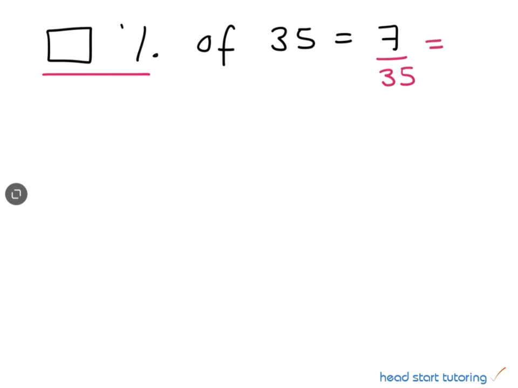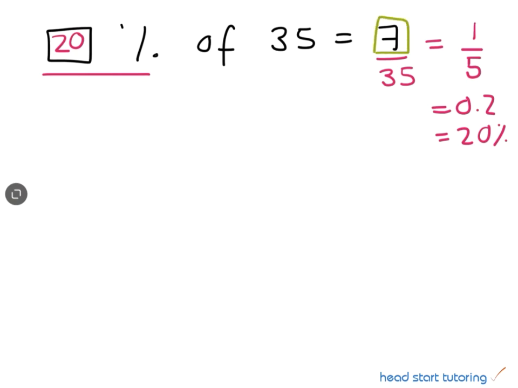So we can divide both 7 and 35 by 7 to get 1 over 5. And 1 over 5 is equal to 0.2 or 20%. So 20% of 35 is equal to 7.